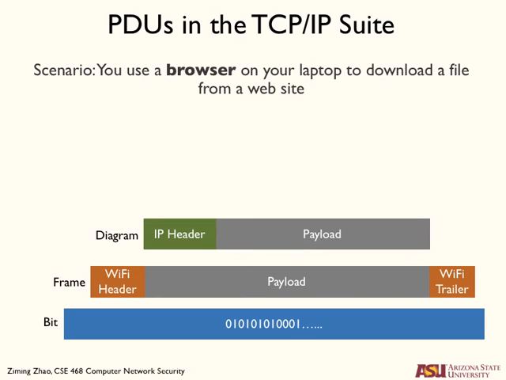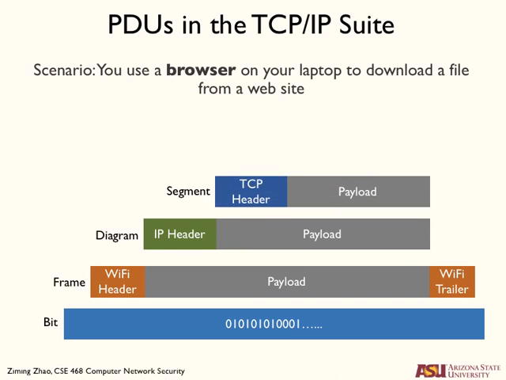Then it sends it to the OS, and the OS checks, oh, this is an IP header. This is an IP datagram. And it checks the IP header. In the IP header, there is a field called protocol. That protocol means the upper layer protocol. For example, here it specifies this is a TCP segment.